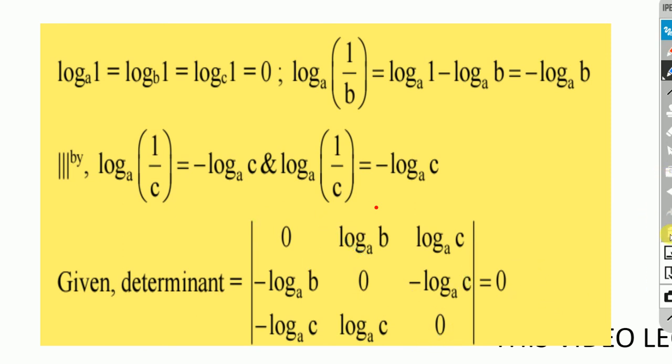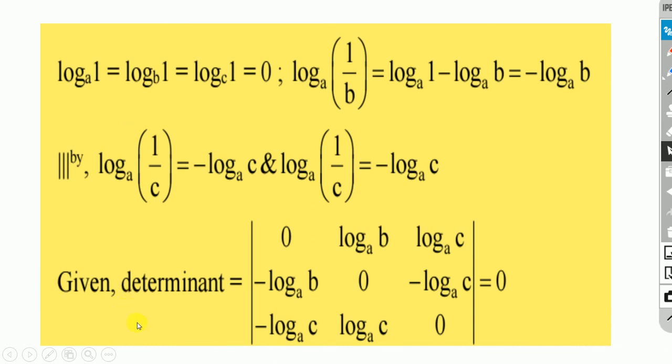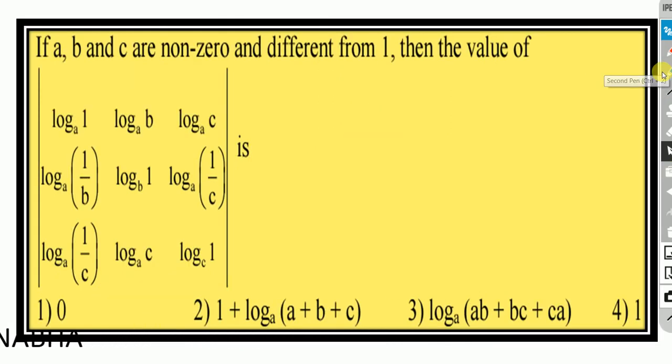We know that the determinant of a skew symmetric matrix of odd order is 0. So that is why the value of this determinant is 0. That is option 1. Option 1 is the right answer for this question.